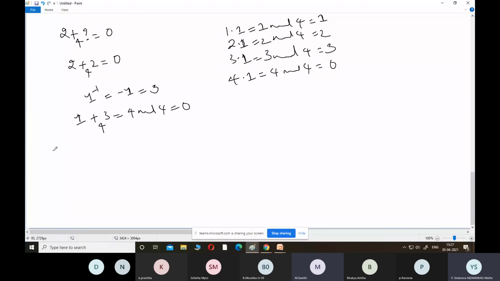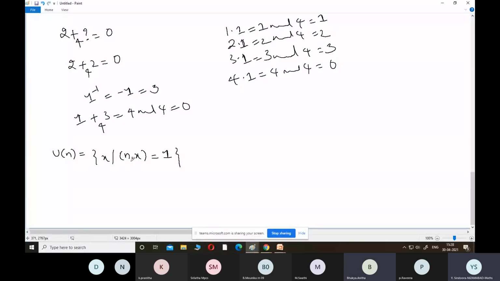Now let us go for notation U of n. U of n is nothing but the set of all x such that GCD of n comma x should be equal to 1.